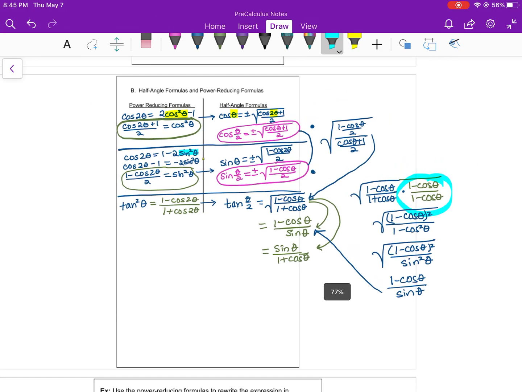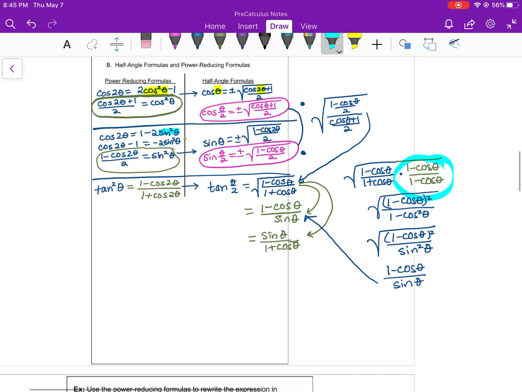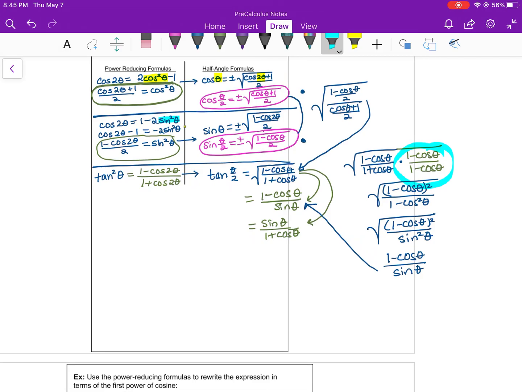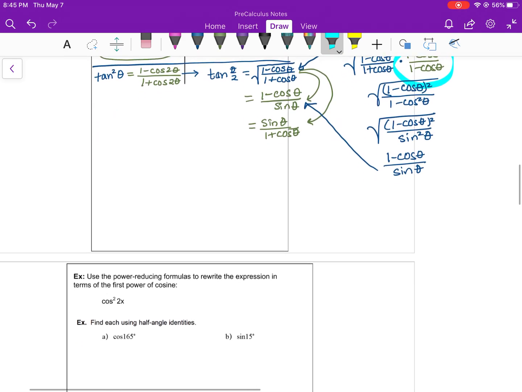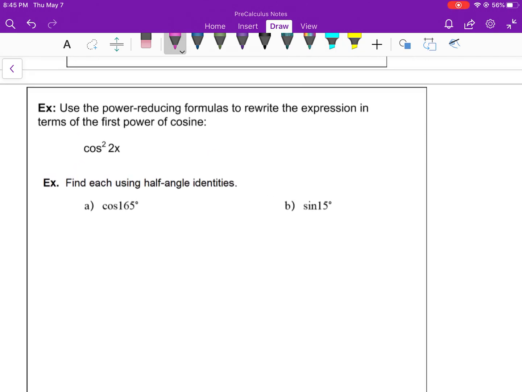All right, let me show you real quick how to use a power reducing formula, and then we'll practice for the rest of the notes on the half angle identities. Okay, if I have cosine squared of 2x and I want to use a power reducing formula, then I'm looking at cosine squared of u on my identity sheet, and cosine squared of u equals 1 plus cosine of 2u divided by 2.